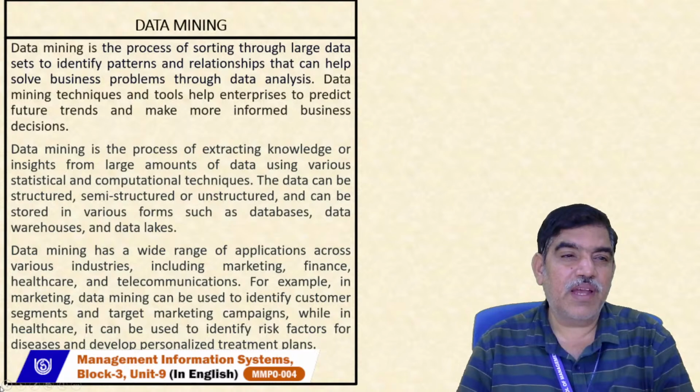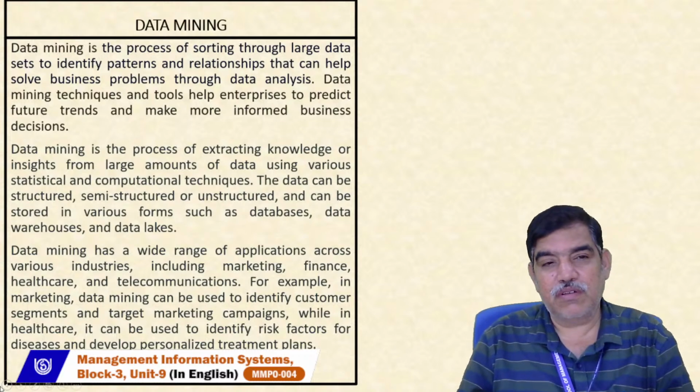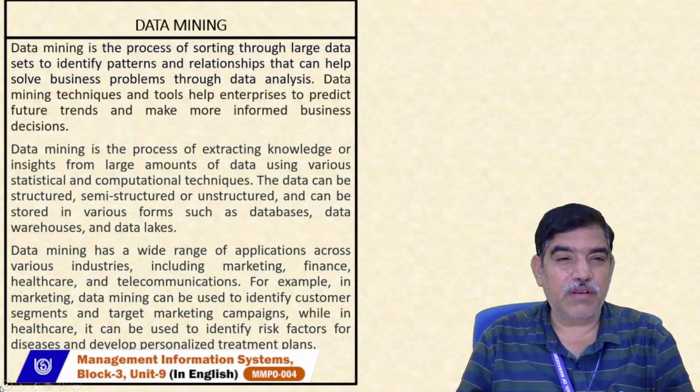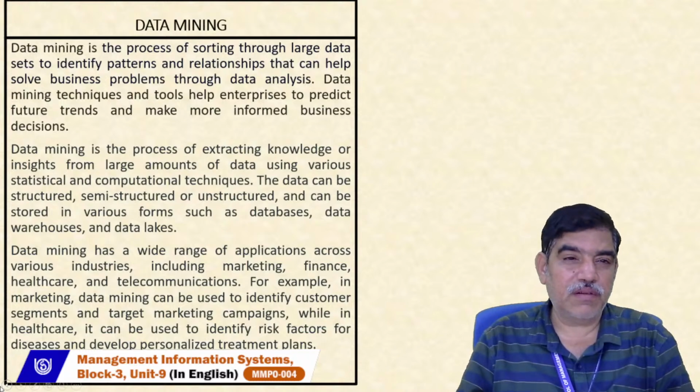A database is created on the basis of models. It may be tree model, network model, relational model, object-oriented model, and ER model. So a database stores the data permanently.